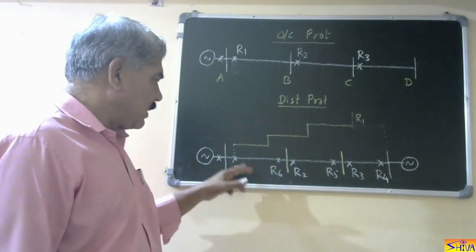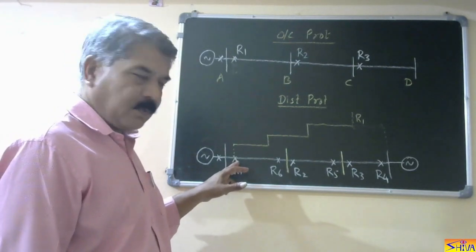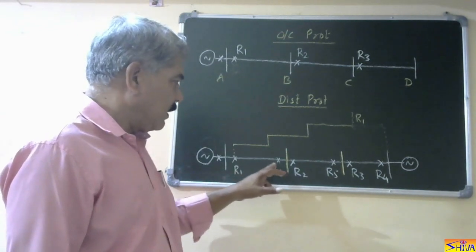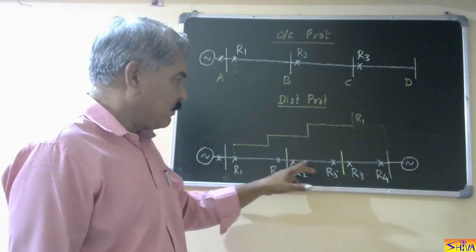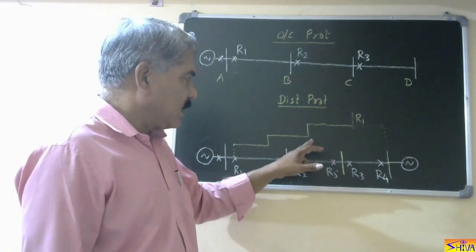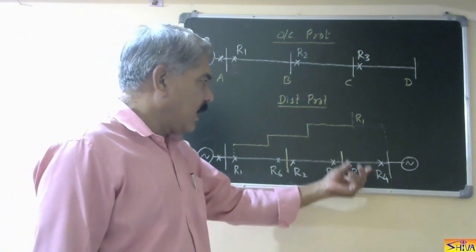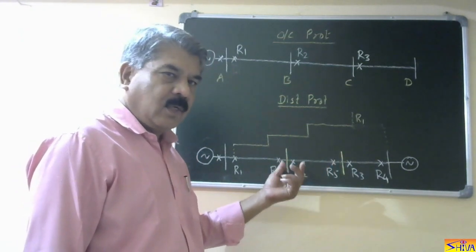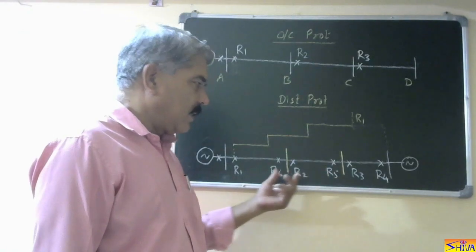So if you consider relay R1, it is providing protection to 80% of line, say AB, then remaining 20% plus 50% of next line in second step, and then in third step it is covering the remaining portion and 20% of next line. Similarly, we are providing settings to relays R2, R3, R4, R5 and R6.